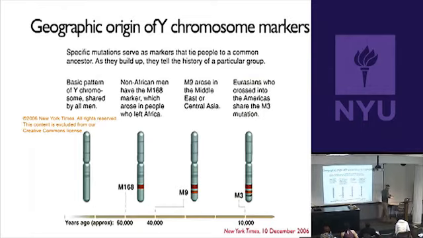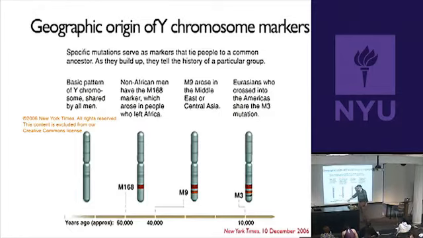At certain points in time, mutations happen on that chromosome, in people in particular parts of the world. There was a large migration out of Africa that populated the rest of the globe, and if along that migration a new mutation arose, that would be a way of distinguishing someone whose ancestry can be traced to that part of the migration. Around 50,000 years ago, a mutation called M168 arose, and it only occurs in people who can trace their ancestry to that migration out of Africa.